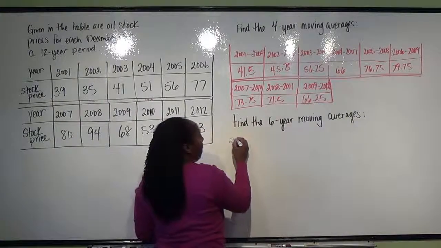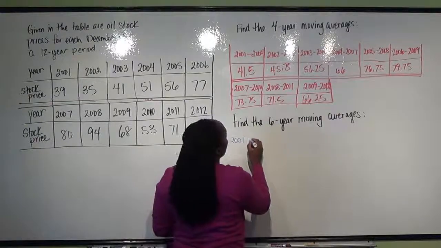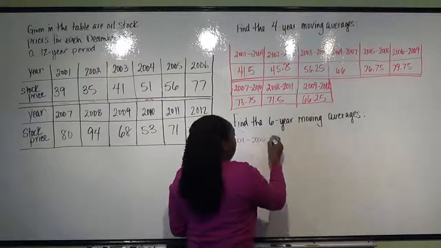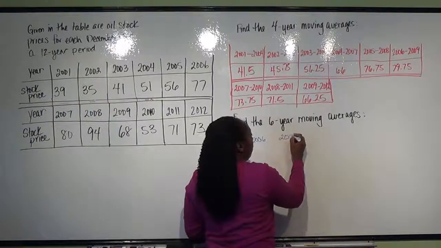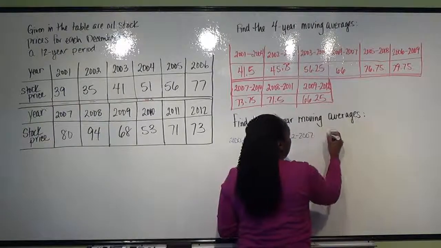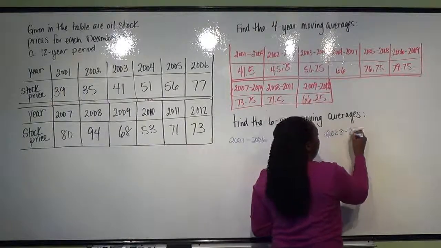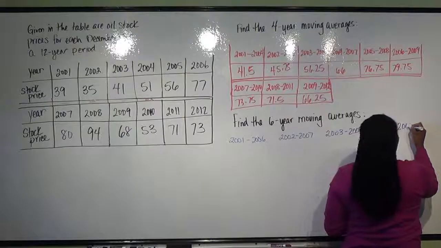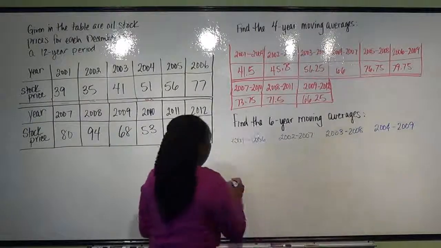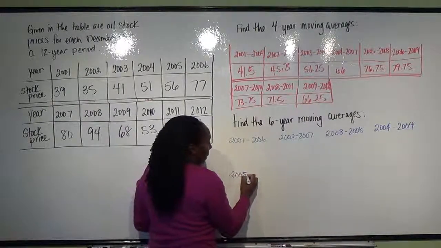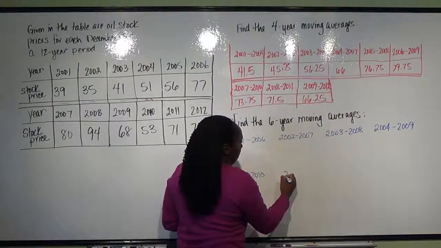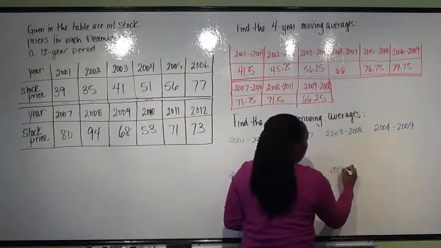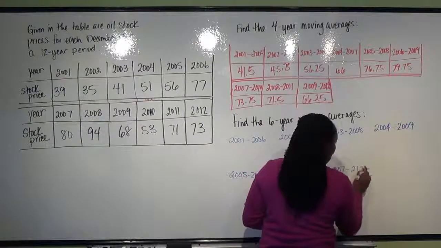So I'm going to look at from 2001 up to 2006, from 2002 to 2007, 2003 to 2008, 2004 to 2009, 2005 to 2010, 2006 to 2011, and 2007 to 2012.